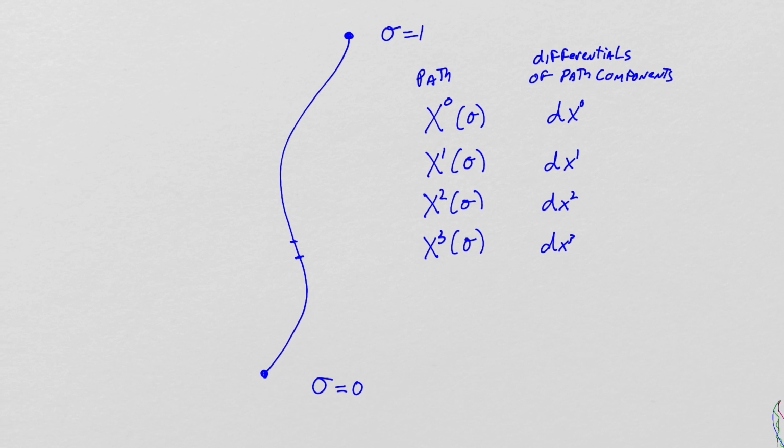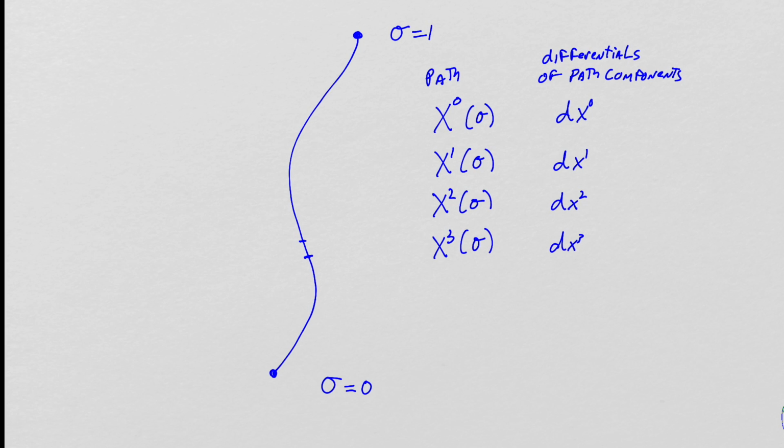So now we need to talk about a variation of the path. So we start at the same spot and we end at the same spot. That's the only restriction the variation has, and the variation is just basically some other path, right? And the idea is that this path isn't very far away from the original path. And whenever we talk about being far away, we're almost always saying that something is so small that when you square it, you ignore it, right?